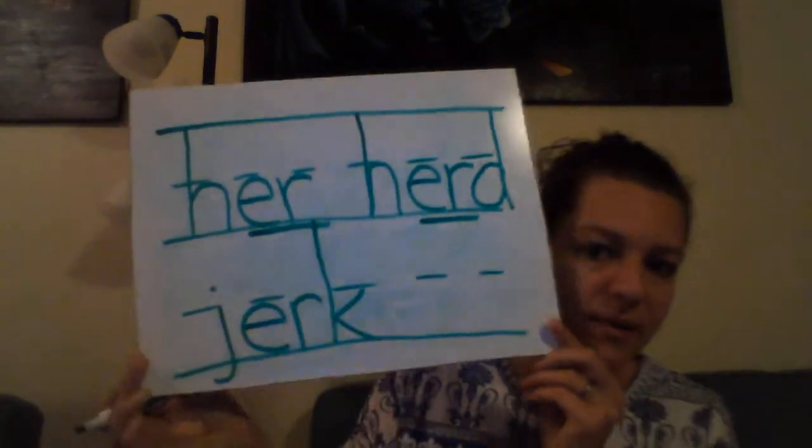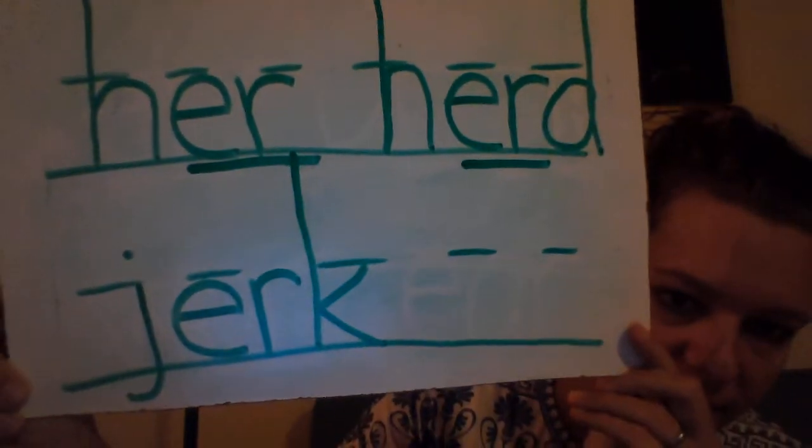Class, what do I need to write to spell jerk? Good, j, which er? Good, the er of her. And what's the last sound? Good, k. But which k did we use? Very good, line letter k. Make sure yours looks like mine.